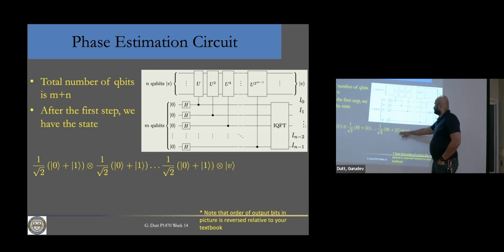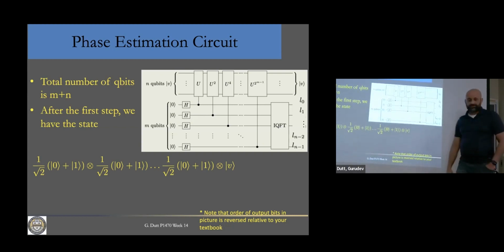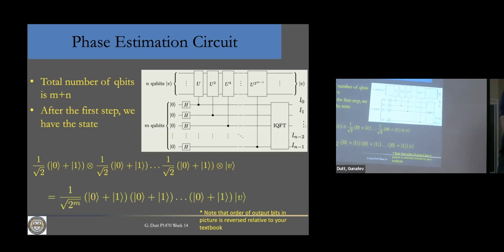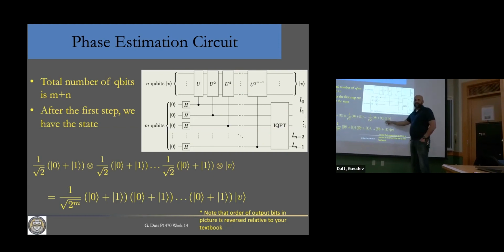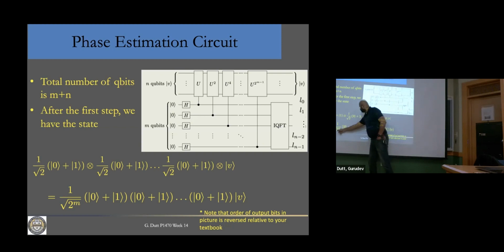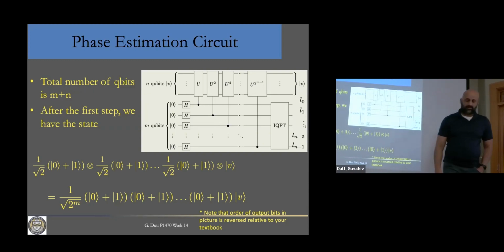Those M qubits have each been initialized into the plus state, which is our favorite uniform superposition state. I'm going to omit the tensor product and just write it as 1 over square root 2 to the m, times all of these 0 plus 1s, times V, where V is the eigenstate register.